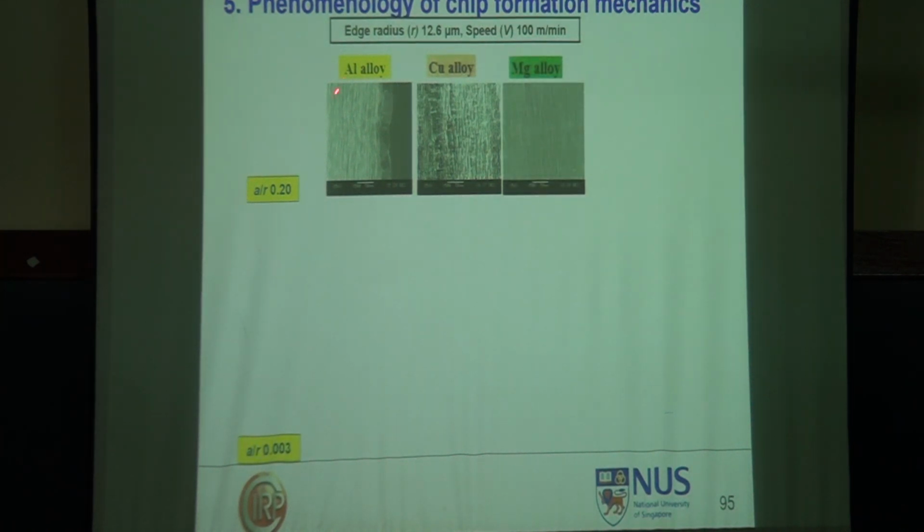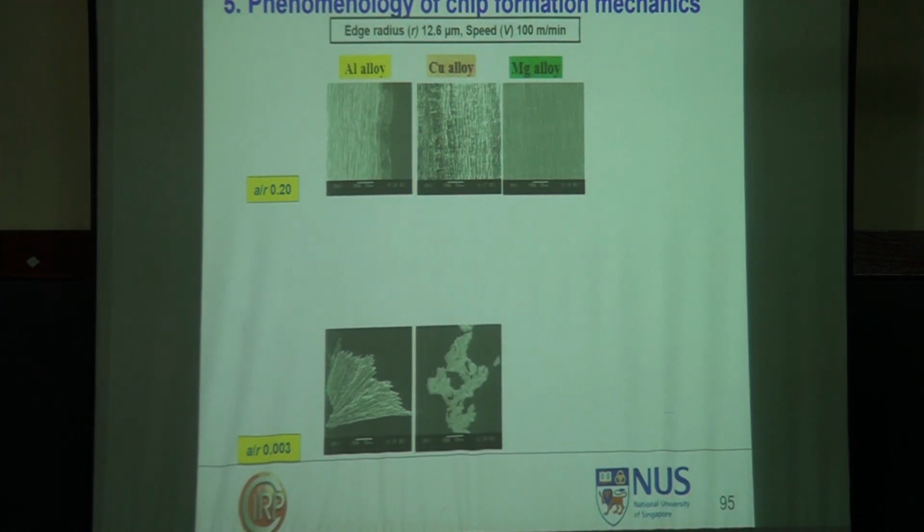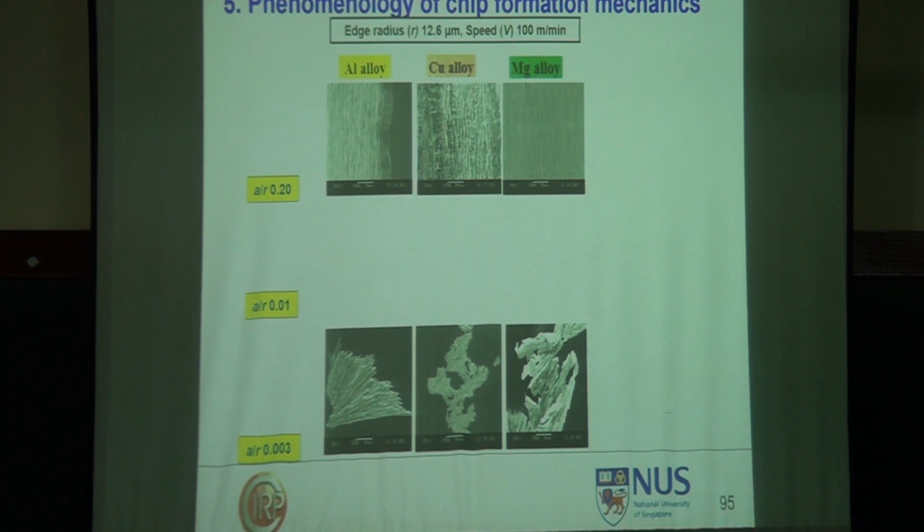A by R 0.2, aluminum alloy, copper alloy, magnesium alloy. And when the edge radius is very, very large, that means A by R is very small, most of the energy is spent for taking care of specific kinetic energy, hardly any material removal was taking place. You see the chips, which we do not want.